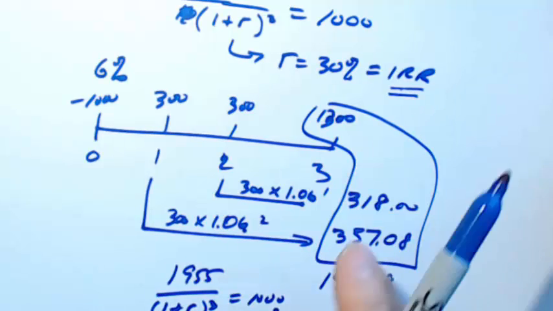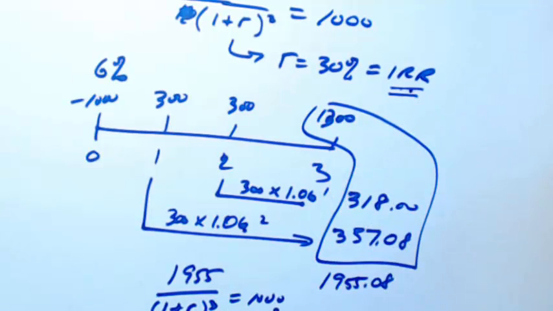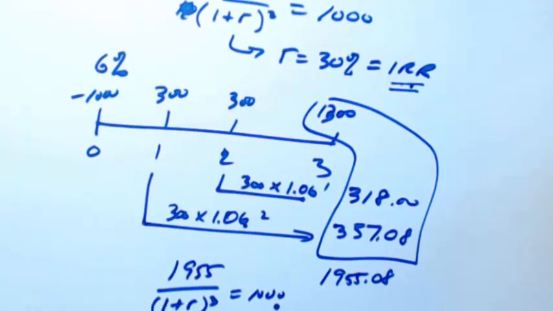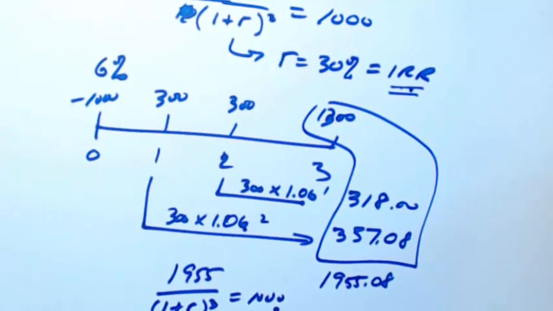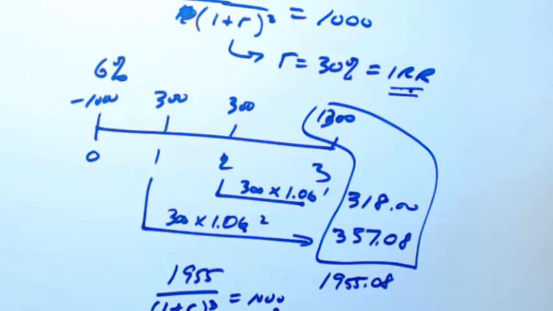So the point is, internal rate of return and yield to maturity are the same thing. A bond is a project, and a project is a bond. And so these interest rate assumptions underlie both internal rate of return and yield.